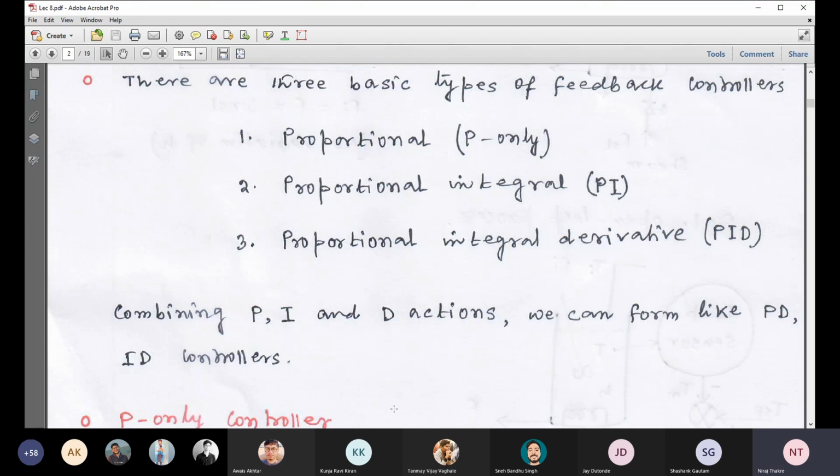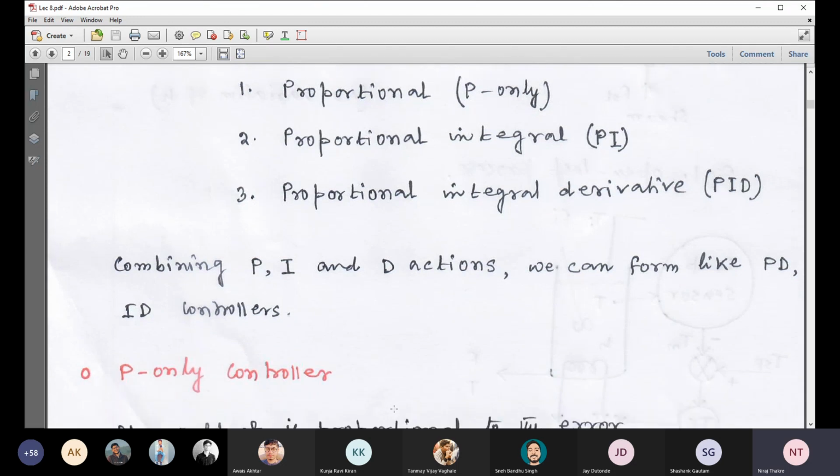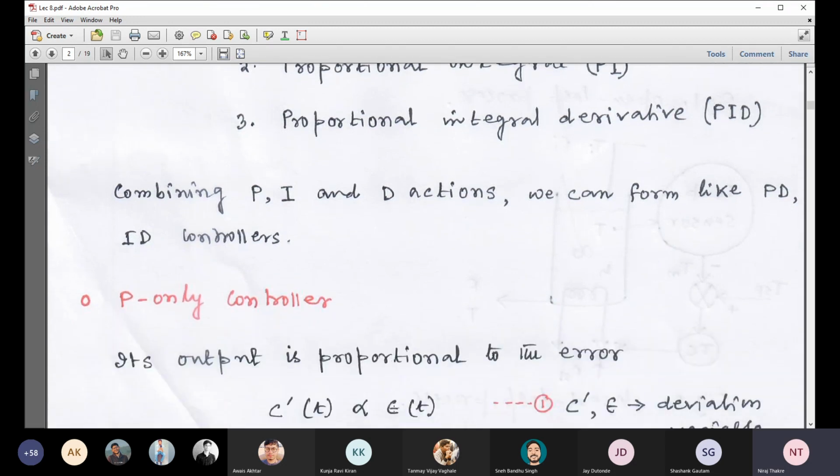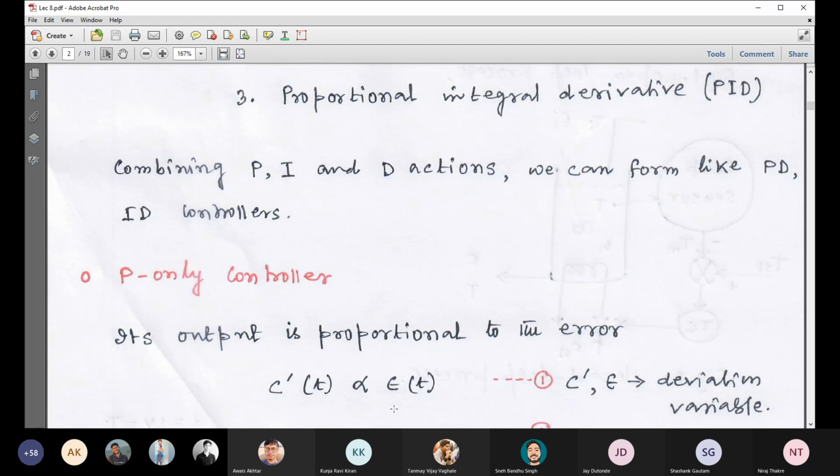Okay, let us start with this P only controller, proportional only controller. It is saying that the output is proportional to the input. So proportional means here output signal C is proportional to the input signal error.